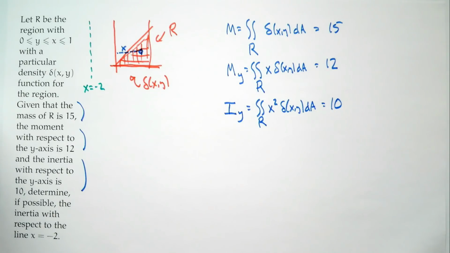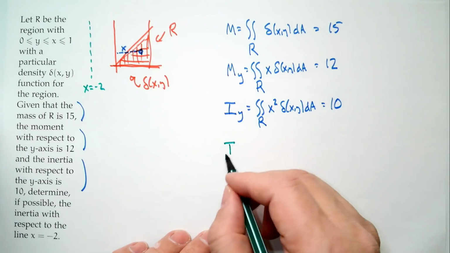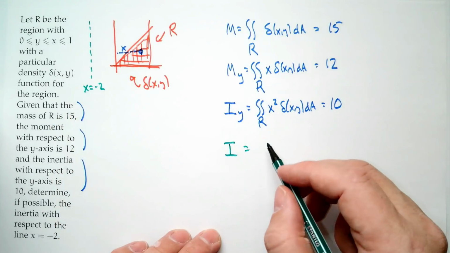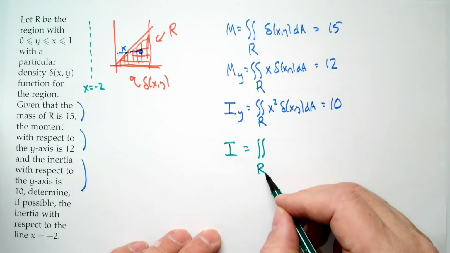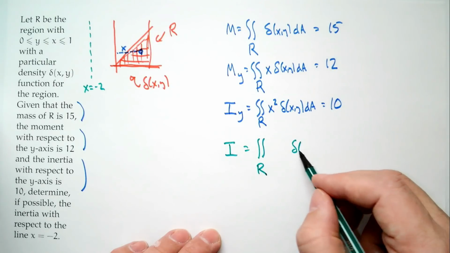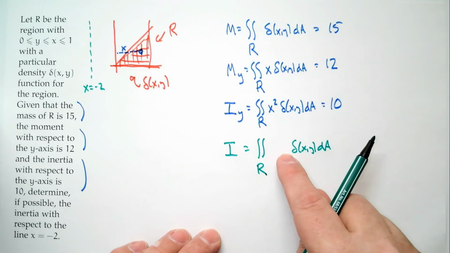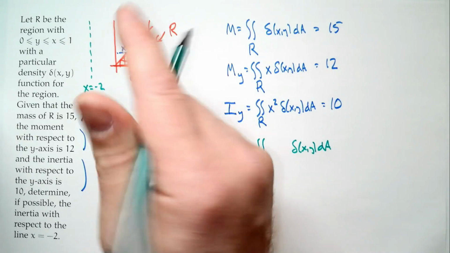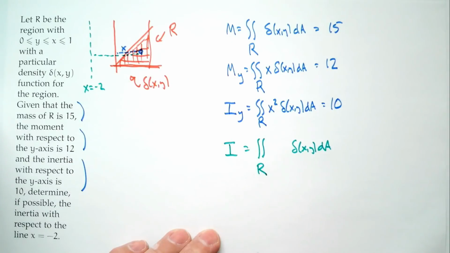So the inertia I want, which I won't put a subscript on because I don't know how to indicate that line, is the integral over the region, I still have my density delta xy dA, but what goes there? Well, how far am I from this line x equals -2?